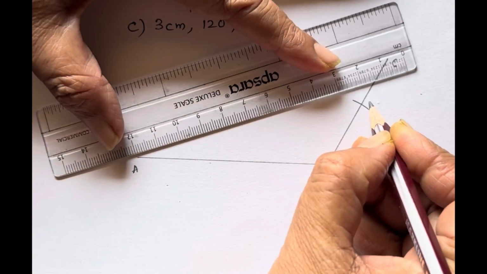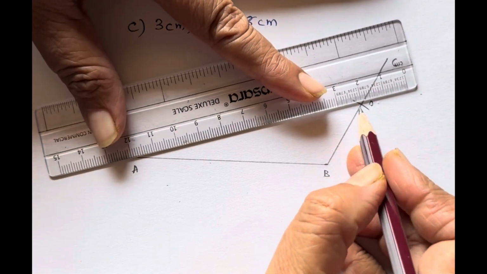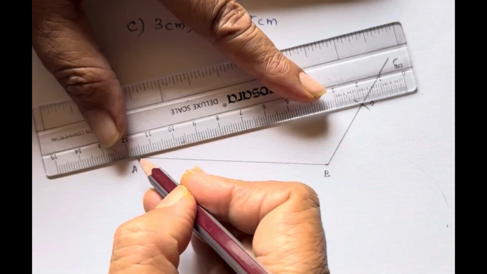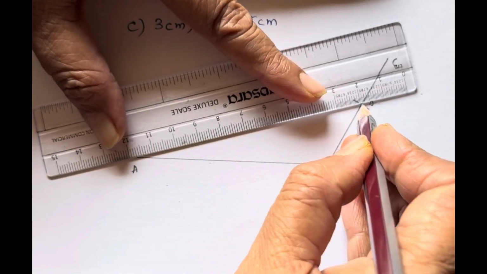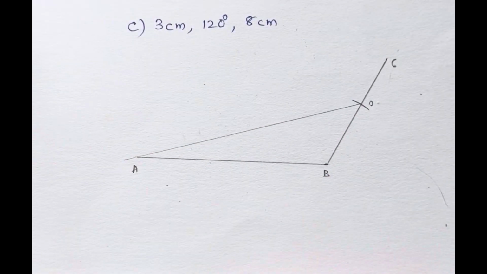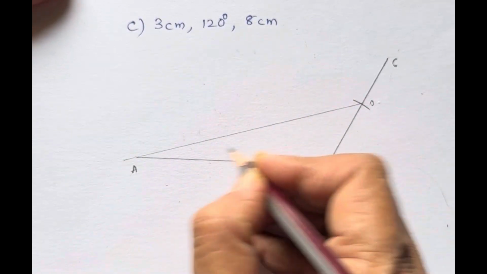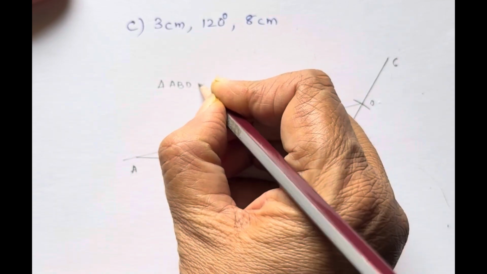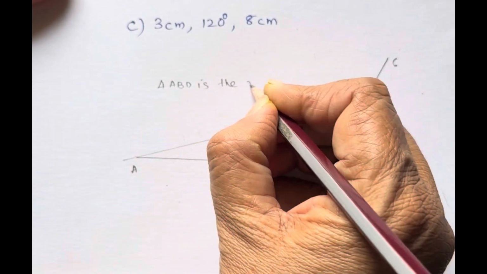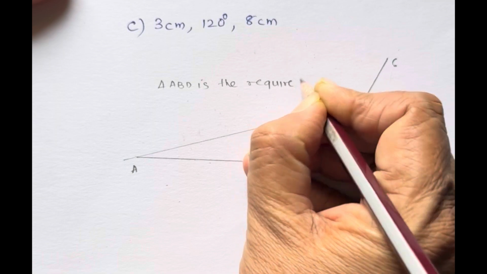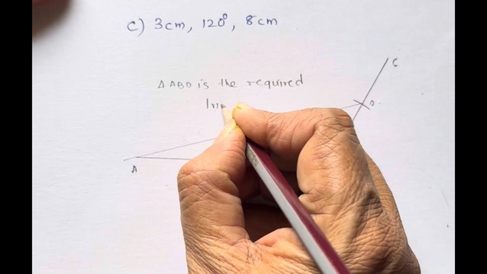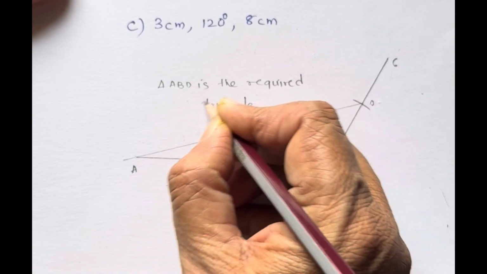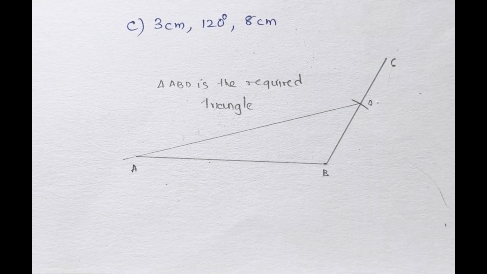We can name this as D. So triangle ABD is the required triangle with 2 sides and the included angle.